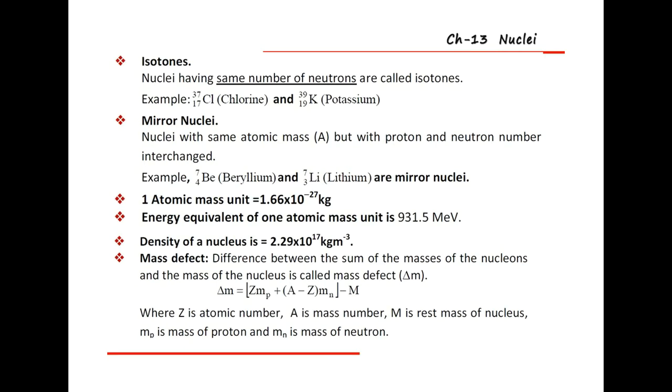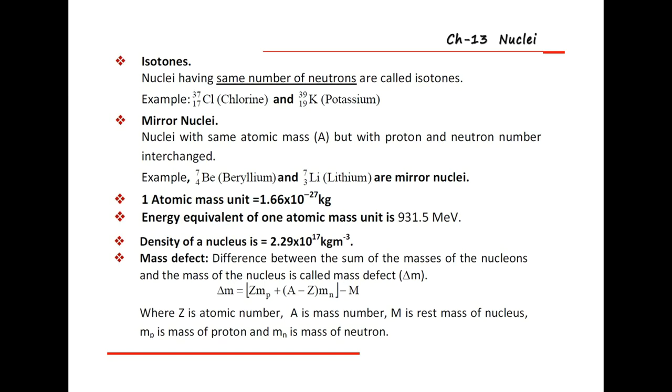Next, isotones. What is meant by isotones? Isotones are the nuclei having the same number of neutrons. For example, 17 chlorine 37 and 19 potassium 39.